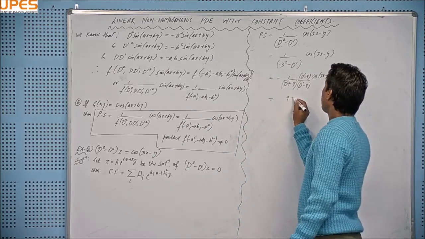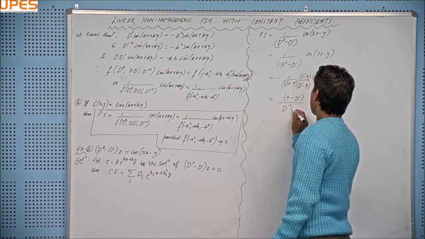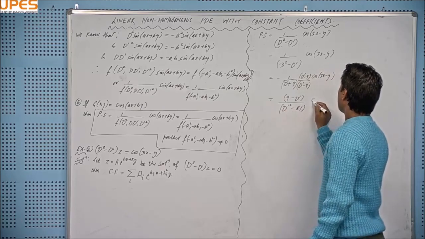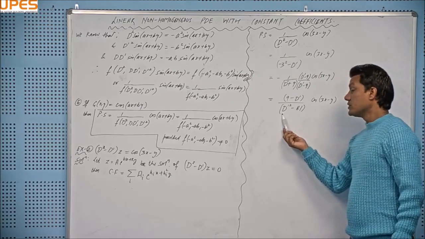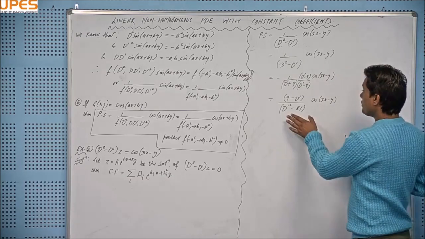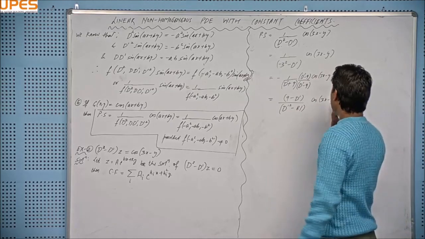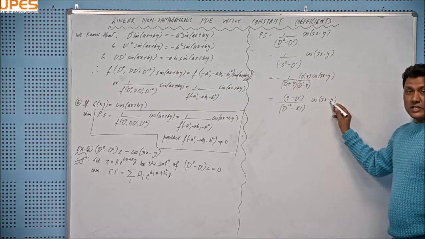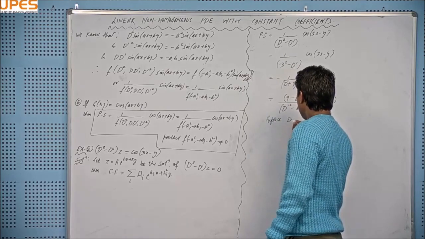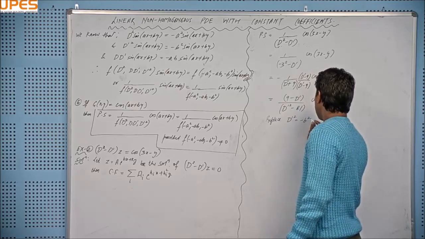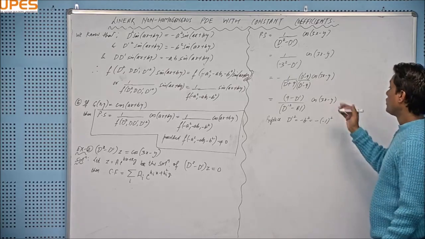Now that will become 9 minus D dash in the numerator, and in the denominator D dash square minus 9 square, that will be 81, on cos of 3x minus y. Since I have got a D dash square term in the denominator, I can substitute D dash square by minus b square. Remember, what is my b? b is actually minus 1. I replace D dash square by minus of b square, and b is minus 1.